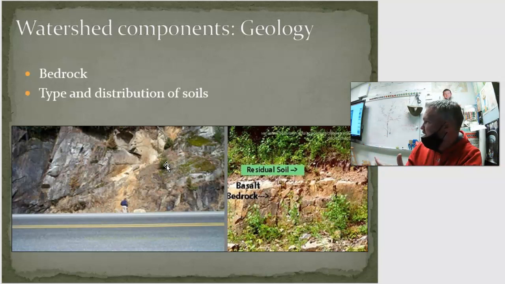So basically the type of soil and rock structure that you have will determine how quickly water penetrates through the soil and can ultimately leave your watershed, right? Here in North Texas, like I said, we have a pretty good soil that can retain some water for us, and that's why when we build reservoirs, the water stays in them, because we actually have clay-based and rock-based soils that are good for holding on to water.